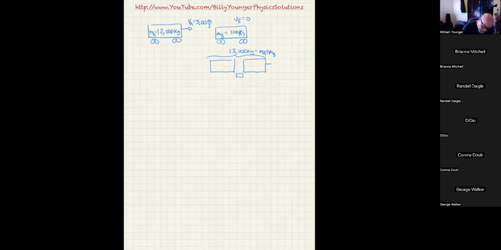And what I'd like to find is V prime equals question mark. Now, this is a train car riding on a train track and another train car sitting still on a train track. They stick together after the collision. That's called a perfectly inelastic collision.